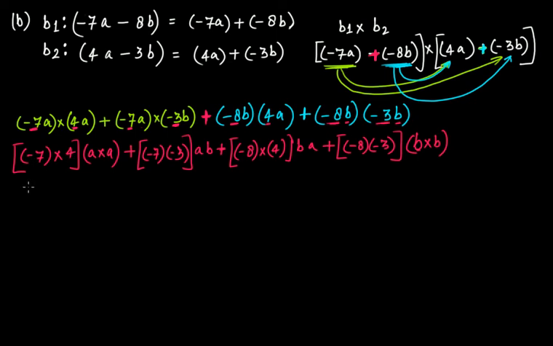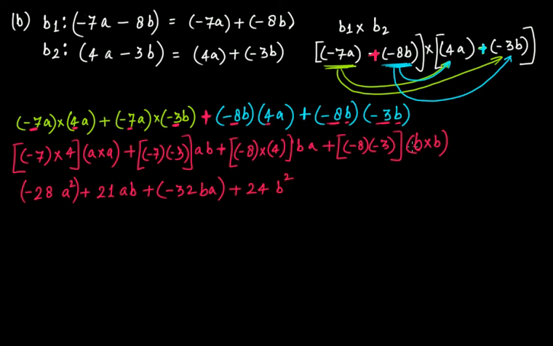Minus 7 multiplied by 4 is minus 28, this is a squared, then plus minus 7 multiplied by minus 3 means 21, so 21ab, plus minus 8 multiplied by 4 is minus 32, so minus 32BA, plus minus 8 multiplied by minus 3 is 24B squared.